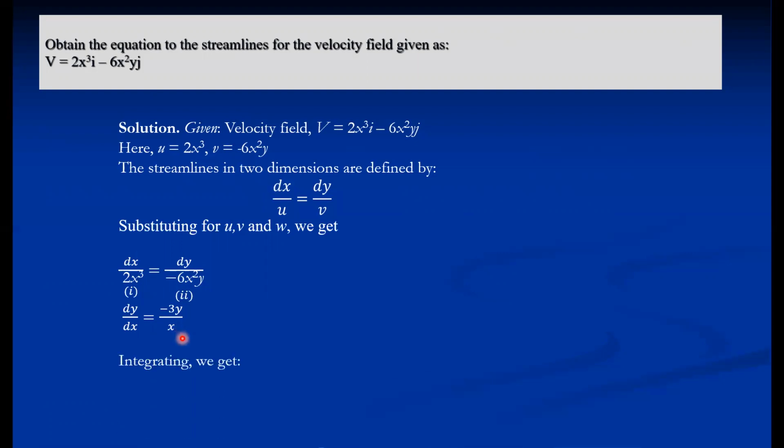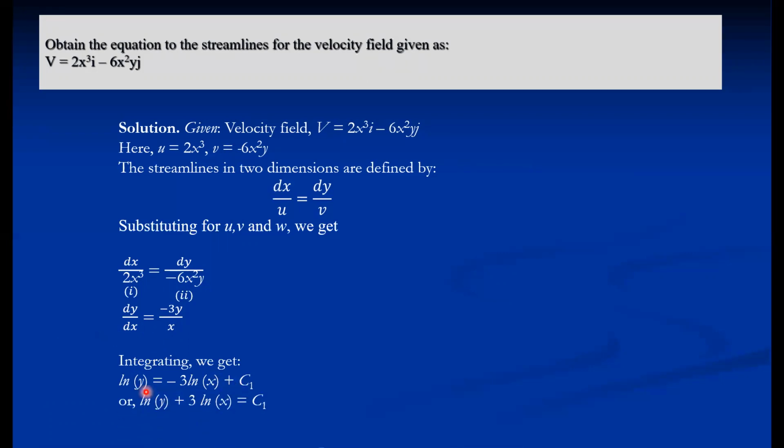Integrating, we take y to this side, so dy upon y equals minus 3 dx upon x. Integration of 1 upon y is ln y, and minus 3 ln x plus c1.